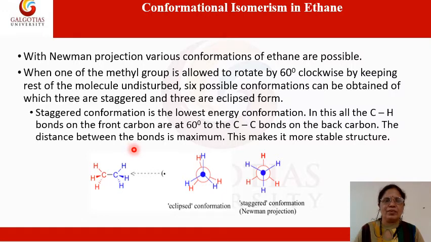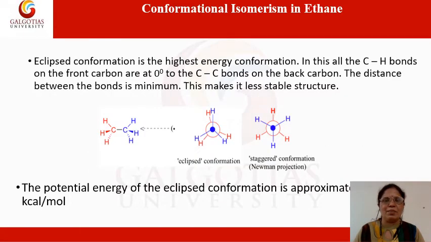The staggered conformation is the lowest energy conformation. In this, all the carbon-hydrogen bonds on the front carbon are at 60 degrees to the carbon-hydrogen bonds on the back carbon. The distance between the bonds is maximum and this makes it a more stable structure.